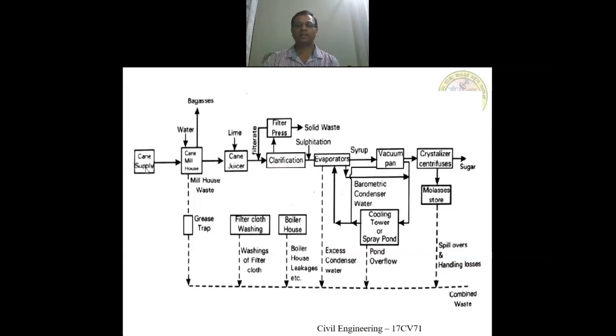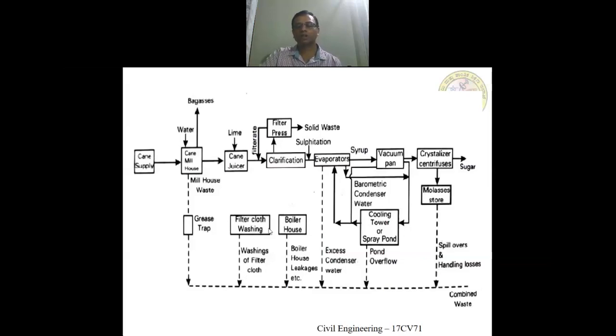So this is the process of cane to sugar. Sugar cane is converted into sugar. So here various processes come into play. We are going to get wastewater from the mill, where sugar cane is crushed, and during the washing.